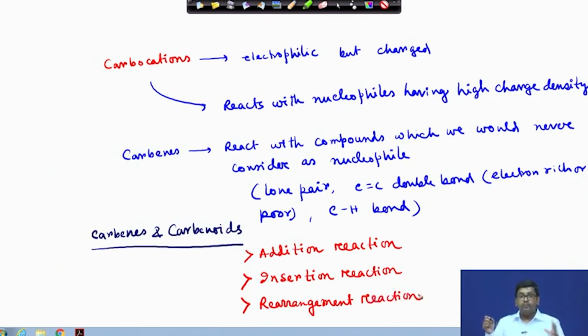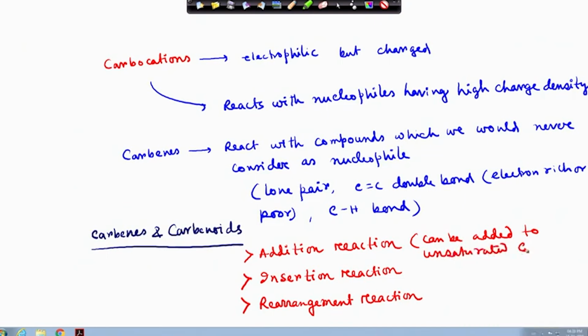In principle, they can be added to various types of unsaturated carbon-carbon bonds. So, we will discuss these three types of reactions for carbenes and carbenoids: addition, insertion, and rearrangement reactions.